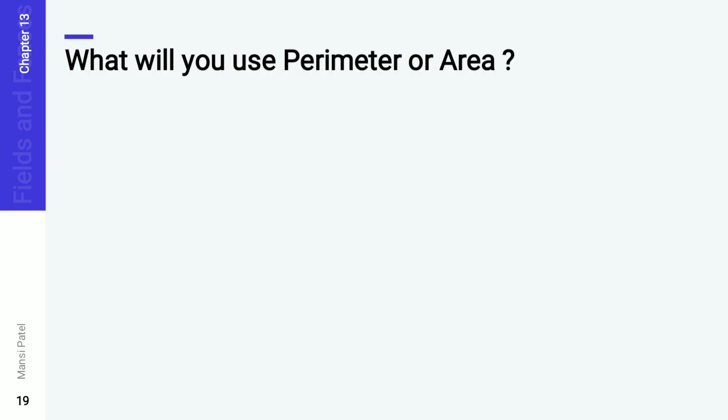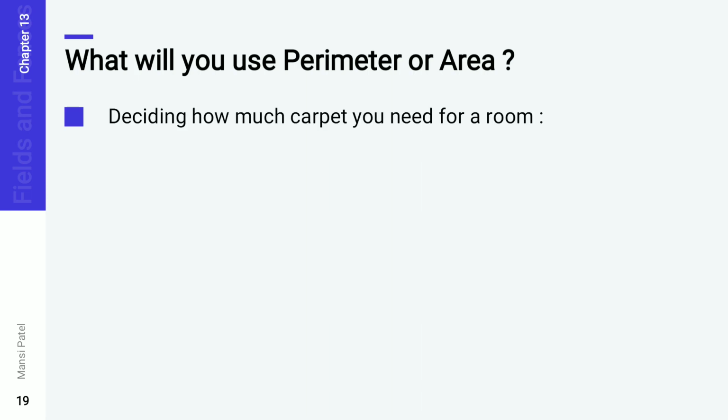Now, let us see some other situations and tell me what you have to find, perimeter or area. Another situation is deciding how much carpet you need for a room. If you want to put carpet in your room, you are not putting it on the border of your room.